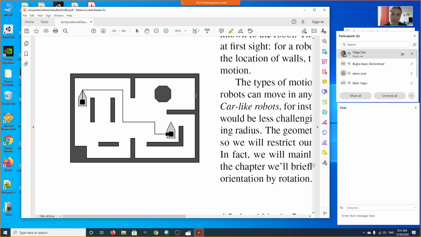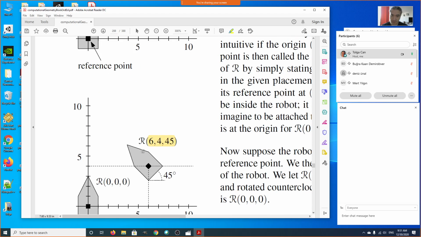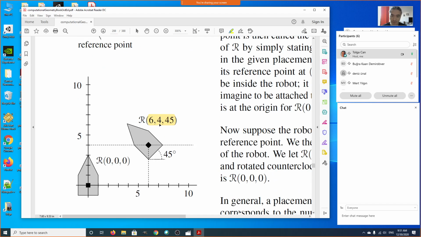What does it mean to be a piecewise linear curve in the configuration space? For example, the workspace here is two-dimensional. We have a 2D map and a 2D polygon, but if you look at the configuration, the robot can have tx, ty, and then the angle phi.